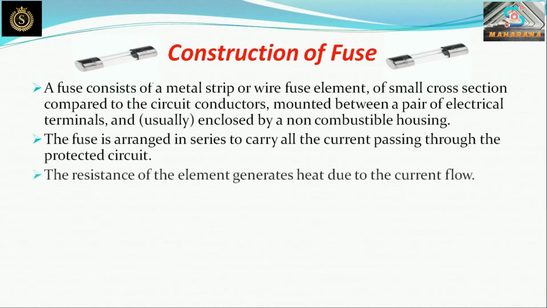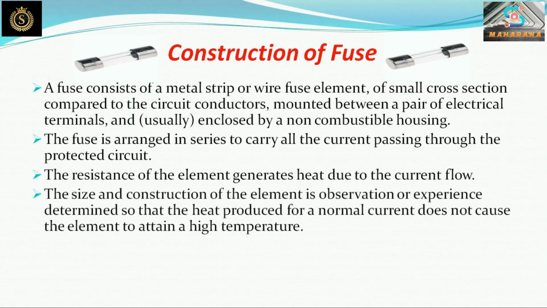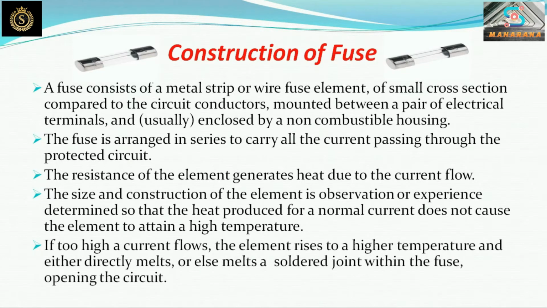The resistance of the element generates heat due to the current flow. The size and construction of the element is determined by observation or experience so that the heat produced for a normal current does not cause the element to attain a high temperature. If too high a current flows, the element rises to a higher temperature and either directly melts, or else melts a solder joint within the fuse, opening the circuit.